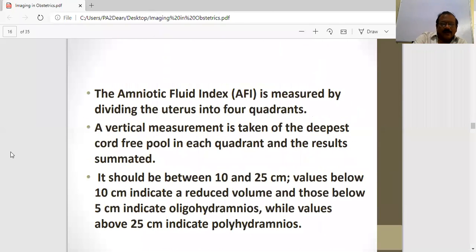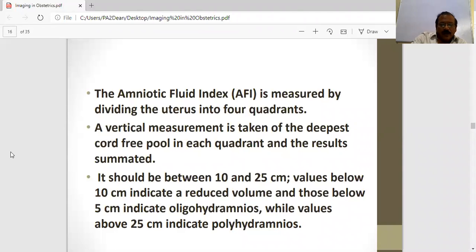Amniotic fluid index is measured by dividing the uterus into 4 quadrants: right upper, left upper, right lower, and left lower. The vertical measurement is taken of the deepest cord-free pool.